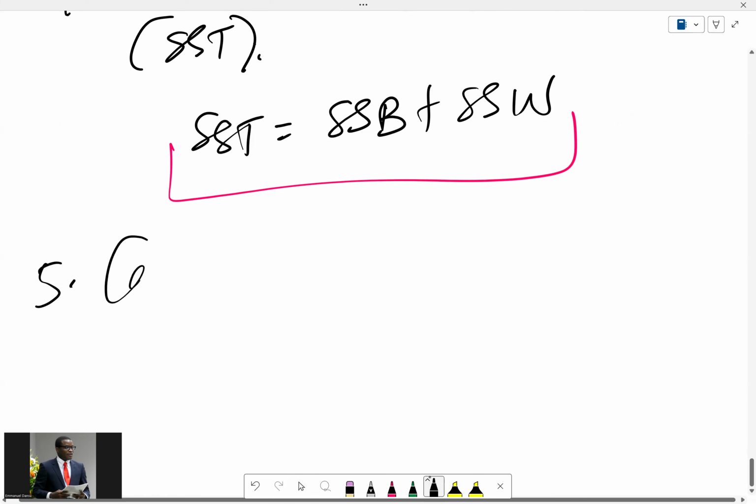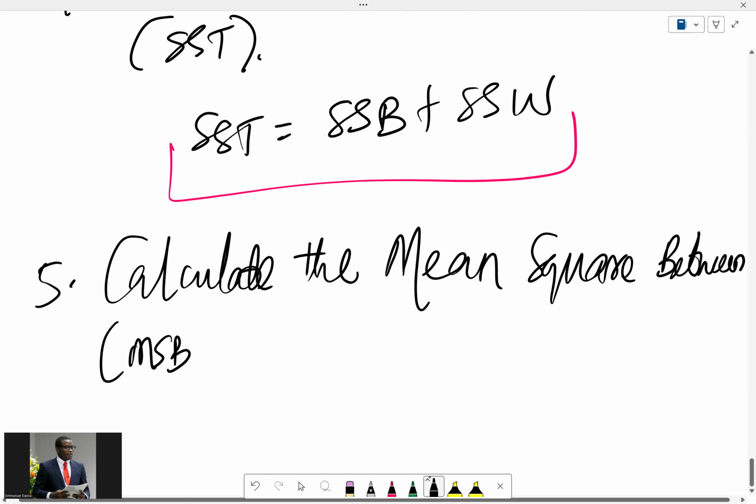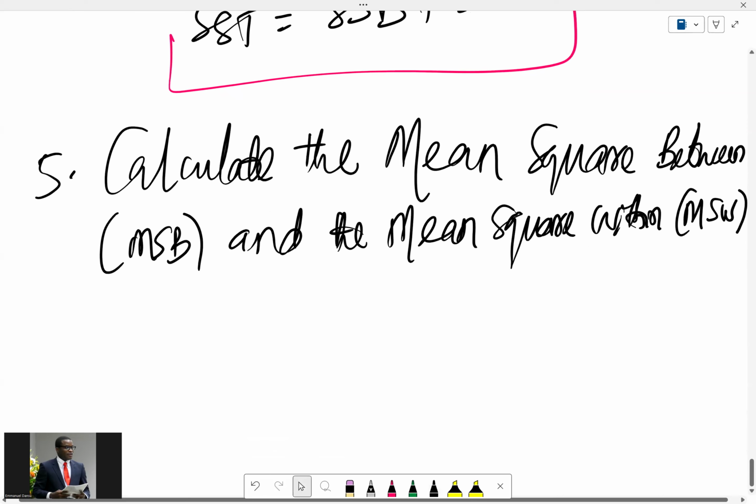Step 5 is to calculate the mean square between, that is MSB, and the mean square within, MSW.